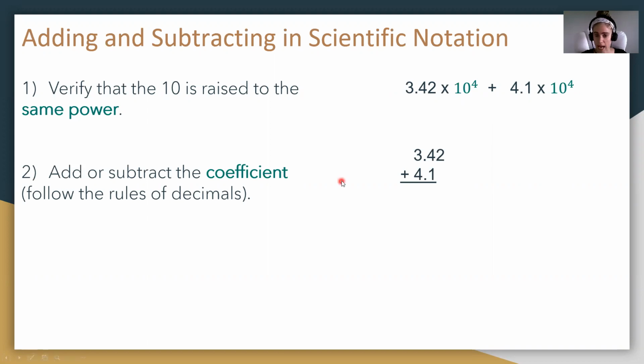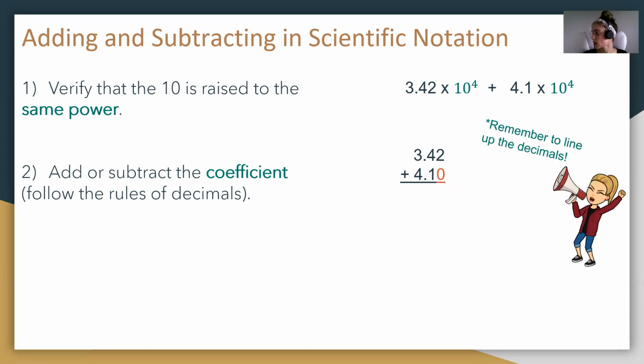So this takes us back to step 2, we just need to add or subtract our coefficients. So 3 and 42/100ths plus 4 and 1/10. We just follow the rules of adding decimals that we learned in elementary school. If it's been a while since you've done this, remember that when we are adding or subtracting with decimals, we always have to line up our decimal points.